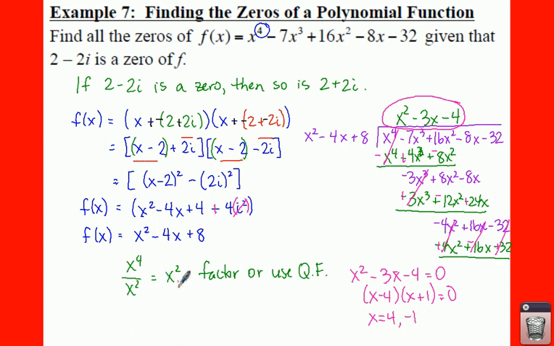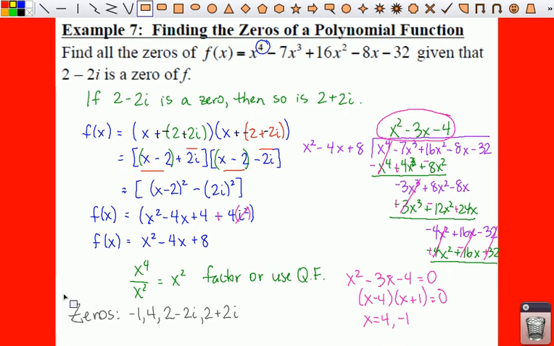So all of our zeros that we end up with here, we get a large amount. Our zeros are negative 1, 4, 2 minus 2i, and 2 plus 2i. We had a degree of 4, so there are 4 zeros.